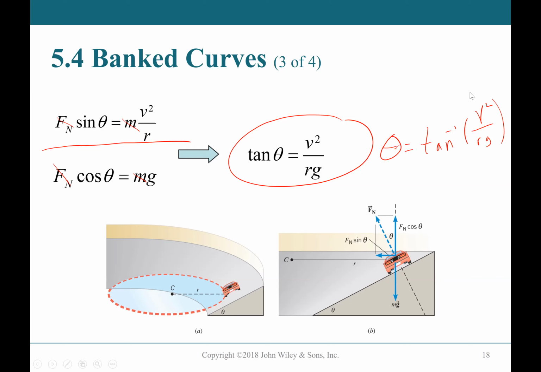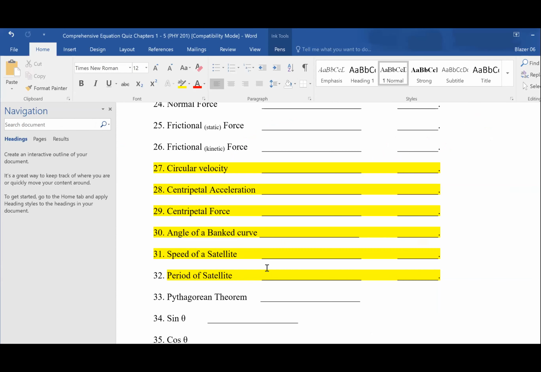So also in your notes, if you will look, let's go to here. Okay, angle of a banked curve. That equation goes right there. And if you put it in as theta equals, of course, the unit will be in degrees.